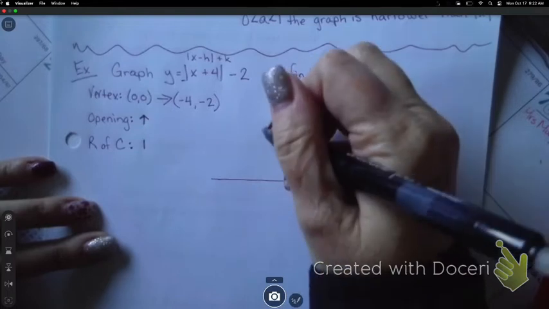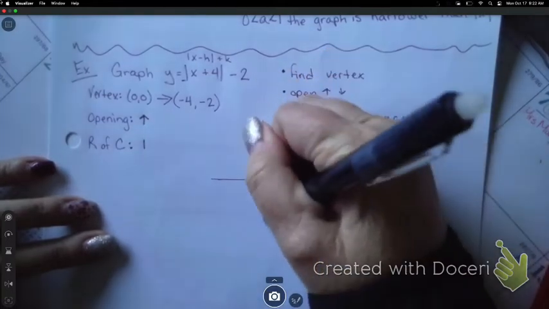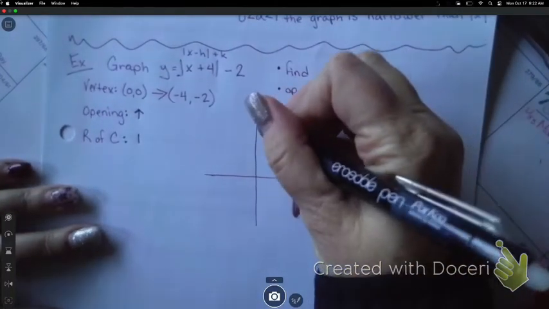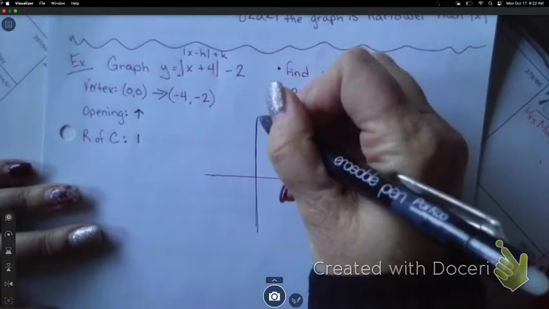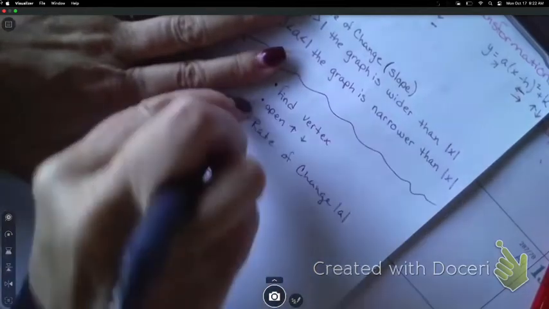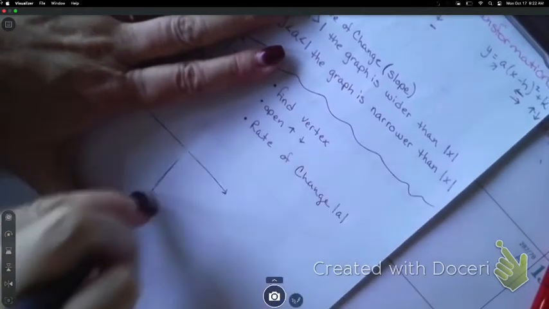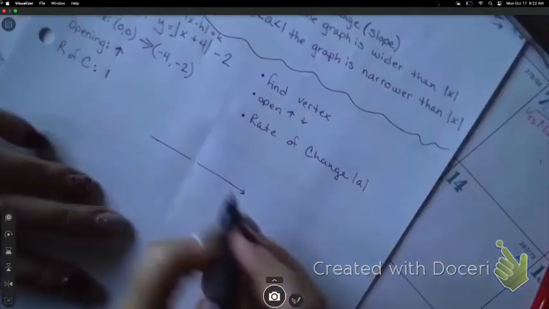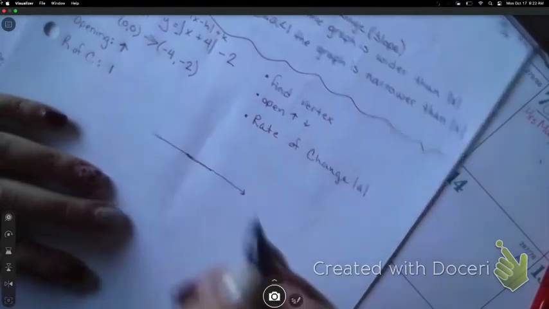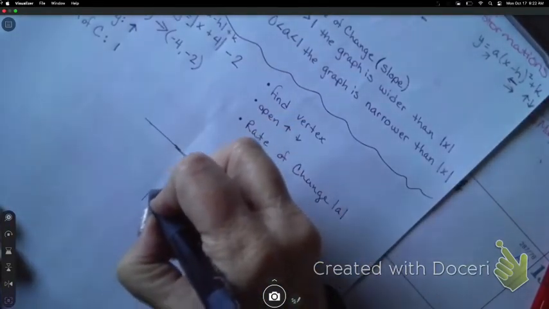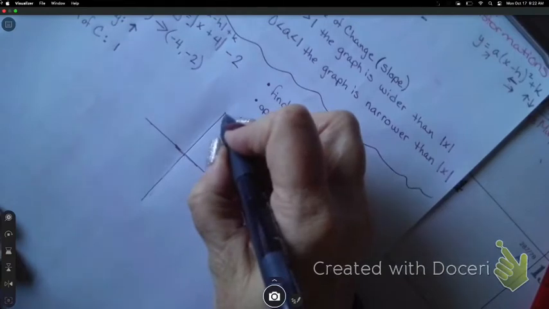Now the nice thing about sketching my graph is I can just kind of sketch it, right? Use your ruler.